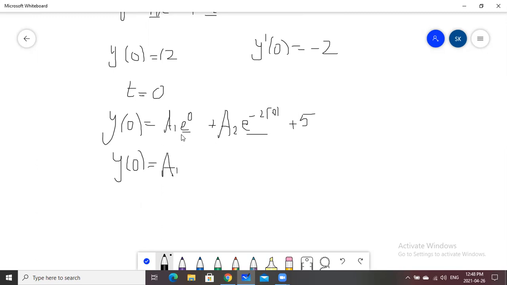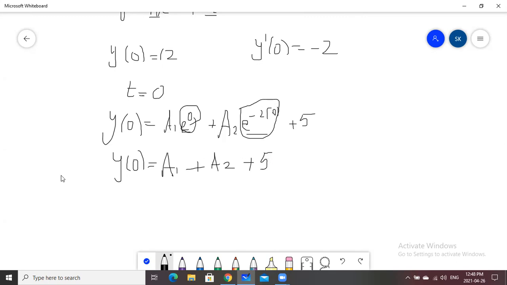Because e raised to power 0 is equal to 1. So this will become a1 plus, again, minus 2 multiplied by 0 is equal to 0. E raised to power 0 is equal to 1. Therefore a1 plus a2 plus 5 will be the value of y of 0.